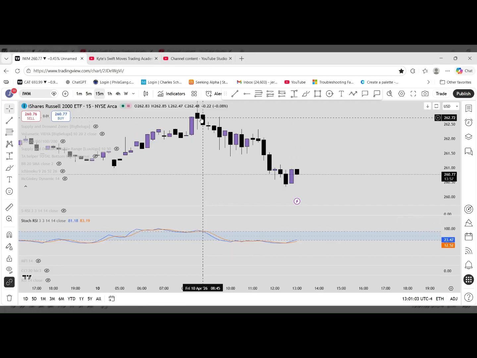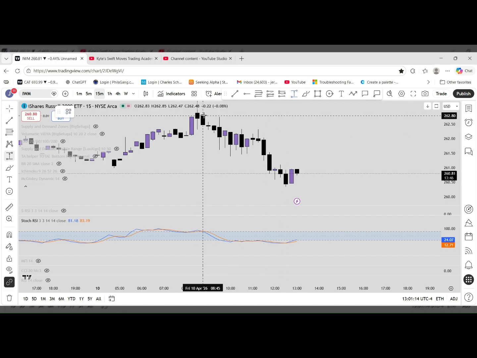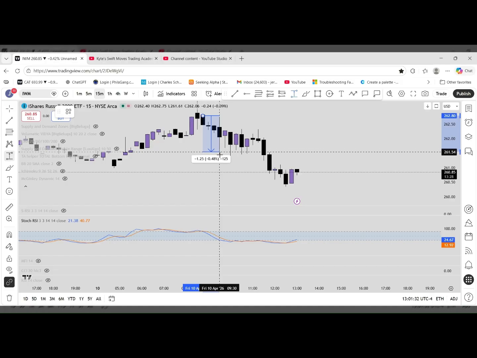Now, if you bought this here and you followed it all the way down to where it crossed under that 20% mark, if you bought that, okay, not a big move, 0.57. Now what you see down here on the bottom is it'll start oscillating down in here, and that usually means that the trend that's in play at the time will just keep doing so.